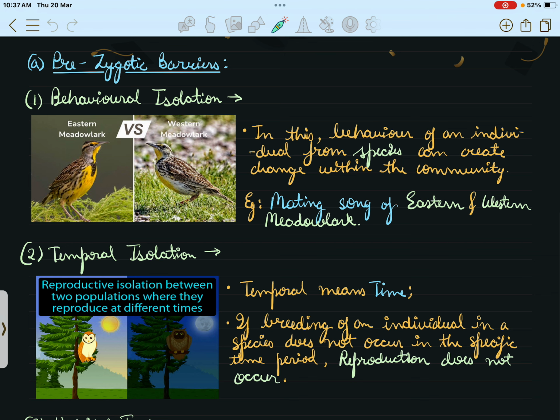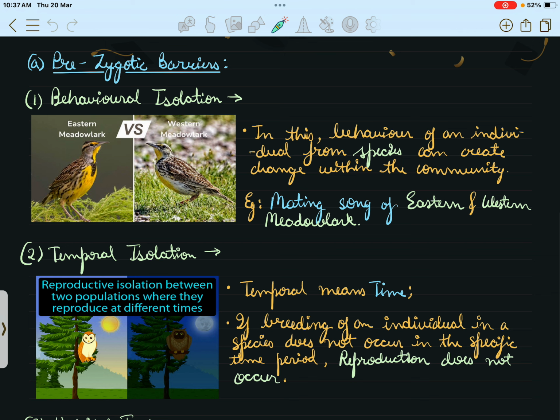मतलब कि एक ही species है, दोनों एक जैसे ही दिखते होंगे, बट उन दोनों स्पीशीज़ के बीच का बिहेवियर के चेंज के होने की वजह से there is no chance of interbreeding with each other.